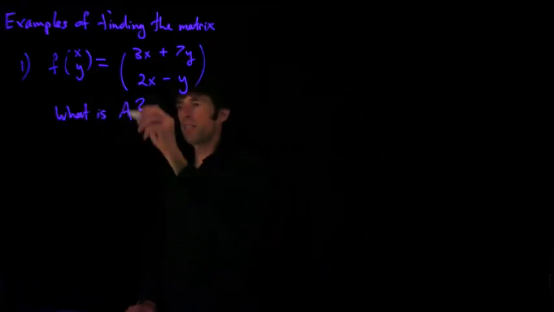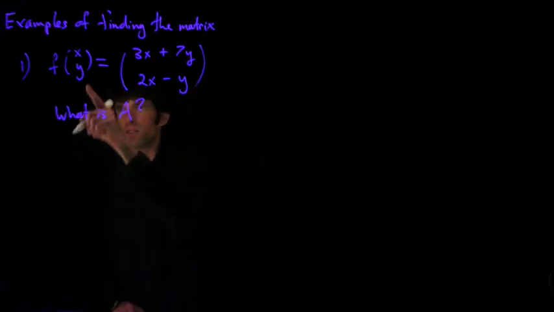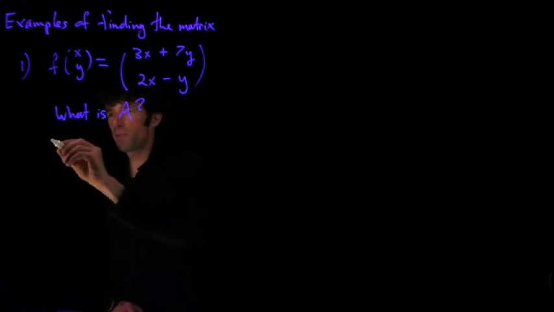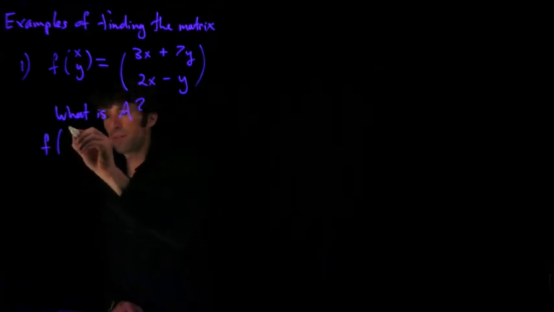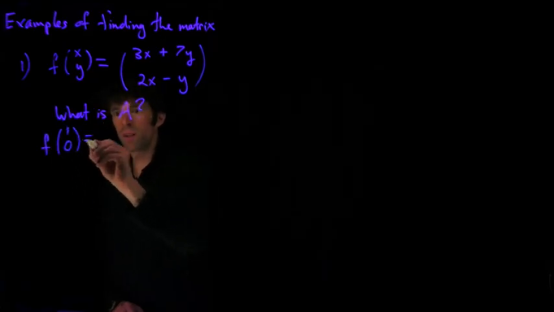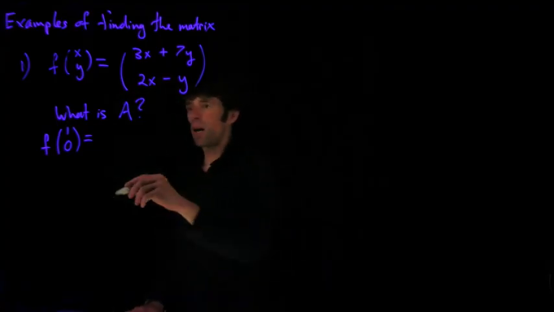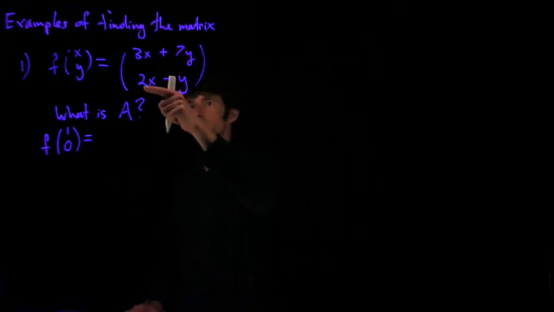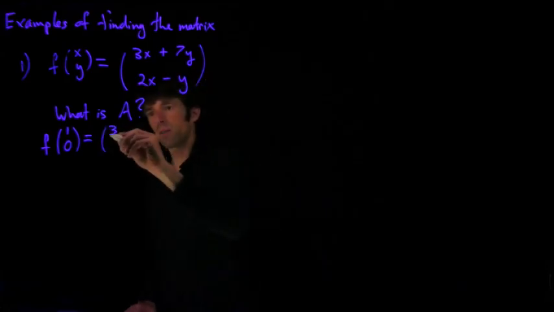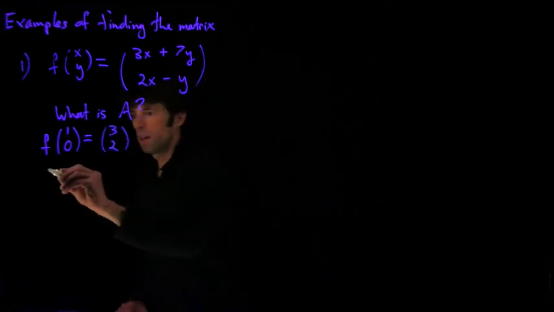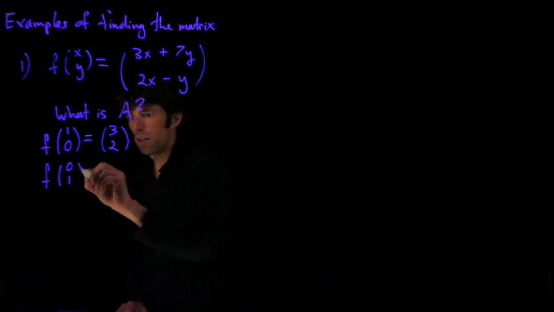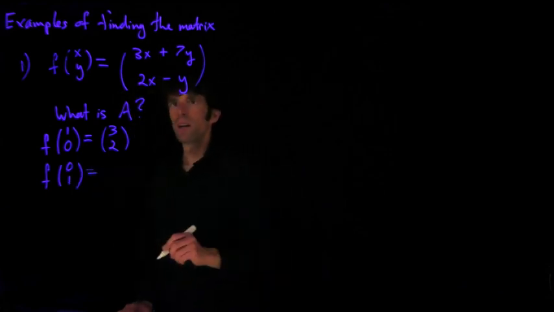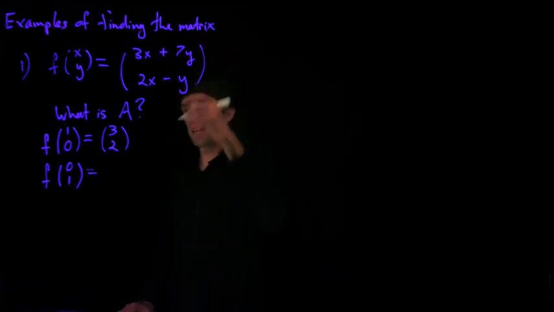So we need to evaluate this on the two standard basis vectors. We are taking two-dimensional inputs, so we've got two different standard basis vectors we need to use. So f of (1, 0): I'm going to plug in x equals 1 and y equals 0. So I get 3 plus 0, 2 plus 0. So I get (3, 2). And f of (0, 1): now I'm plugging in x equals 0 and y equals 1. So I get (7, minus 1).